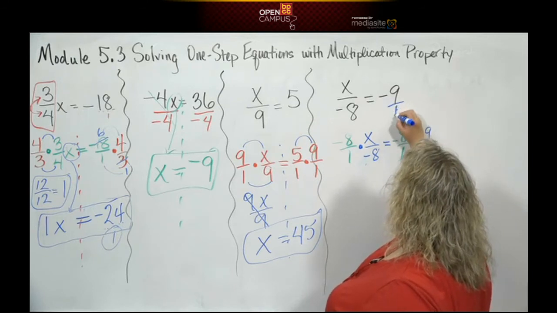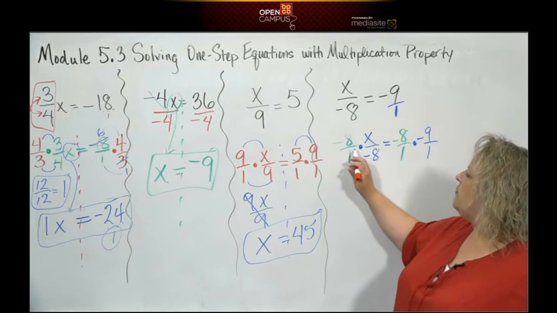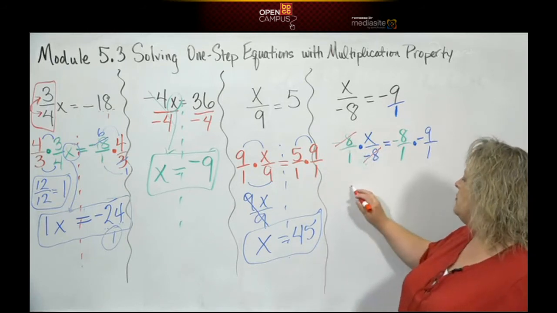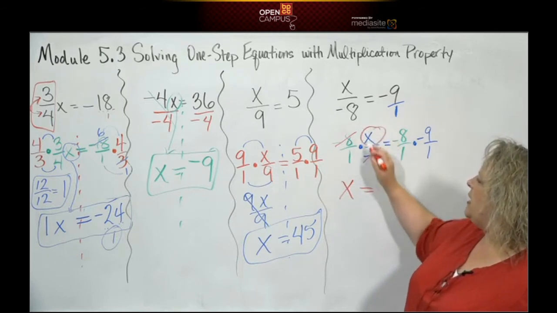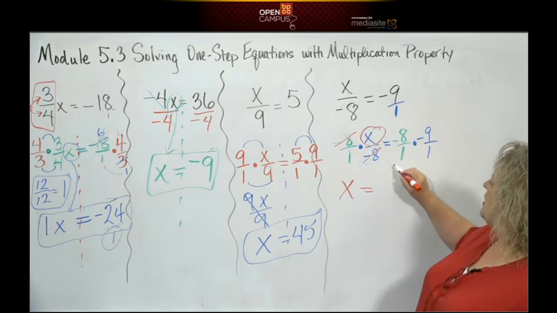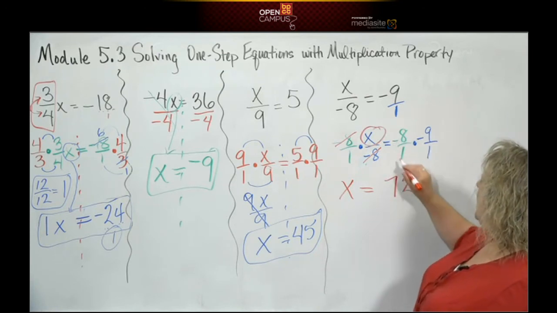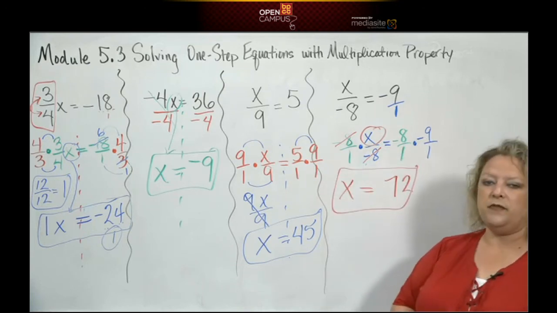Remember, spirit, spirit, spirit. All right. So over here, if you want to divide those out first, you can. If you don't want to, you don't have to. You can divide them out last, but you get 1x. Over here on this side, you get 8 times 9 is 72, and a negative times a negative is a positive. So that's my solution for that one.